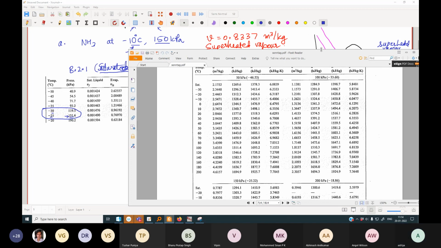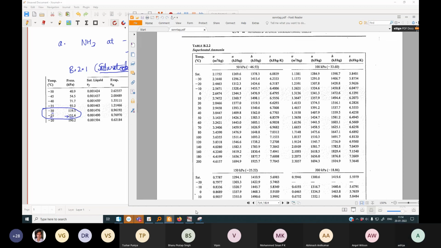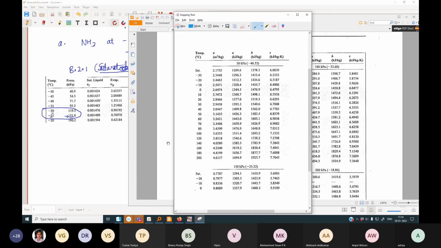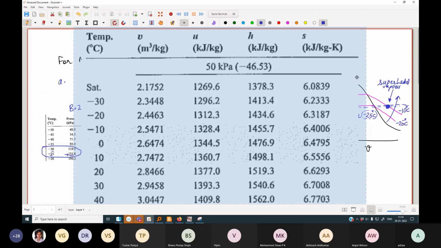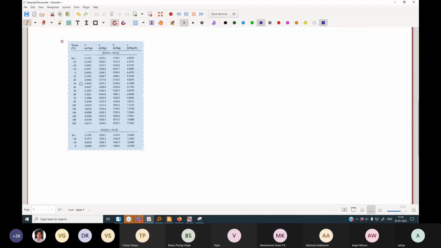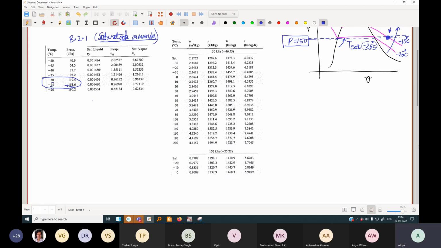Let me just copy this. Is this visible? Yes, sir. We're required to find the specific volume at 150 kPa and a temperature of minus 10 degrees Celsius.